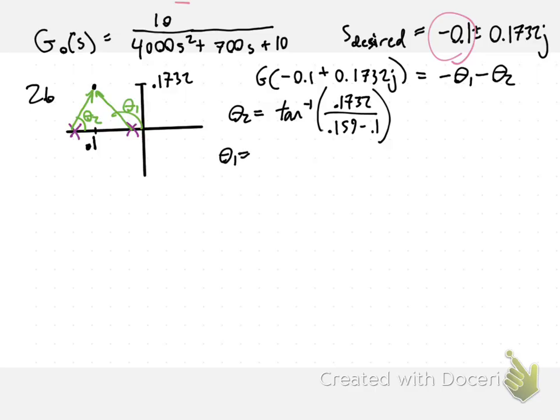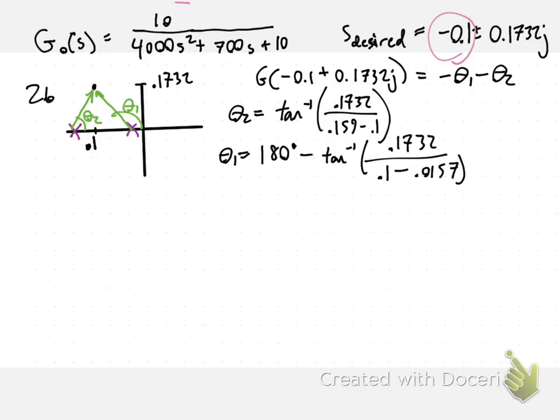I usually like to just do 180, and we want to make sure that your calculator's in degrees. But we'll do 180 minus, and then here we'll have our arctan of the same rise, 0.1732, divided by, and for now we have that this will be 0.1 minus our 0.0157.